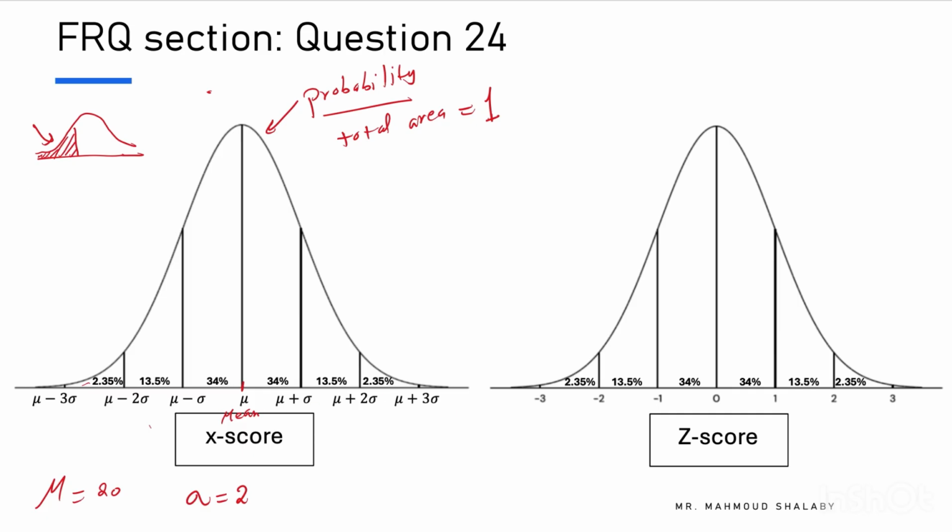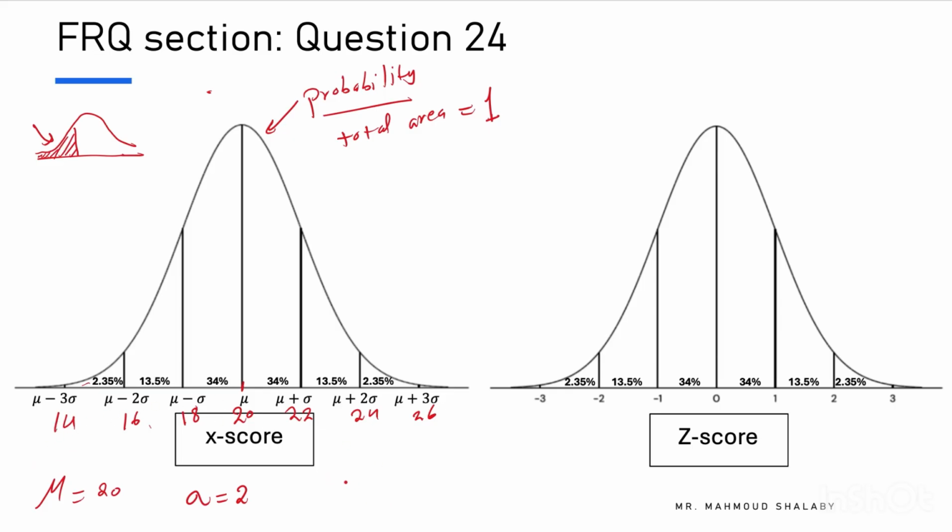So if the mean mu is 20, then mu plus sigma means 20 plus 2, which gives 22, then 24, 26. On the other side, subtract sigma: 20 minus 2 is 18, 16 and 14, every time we subtract 2.